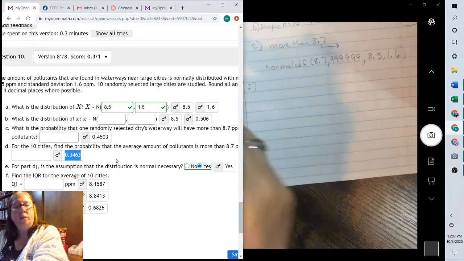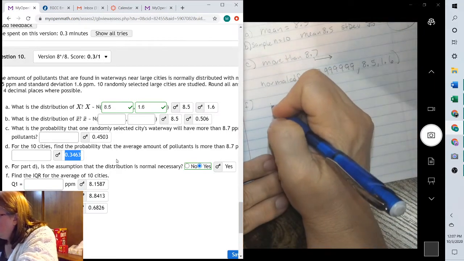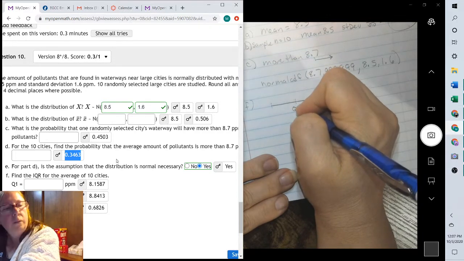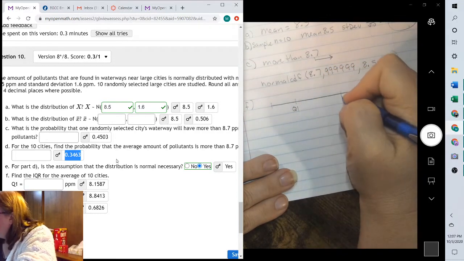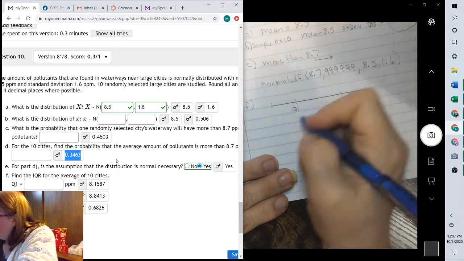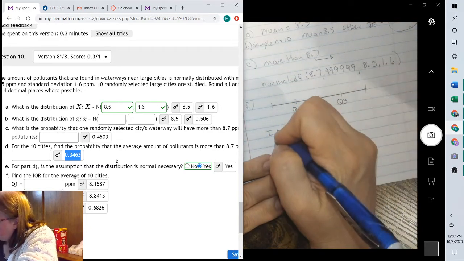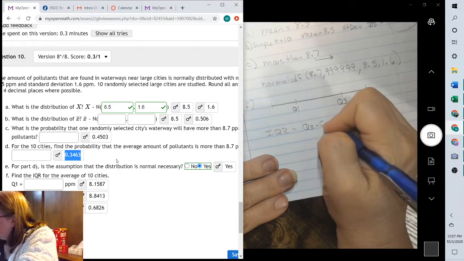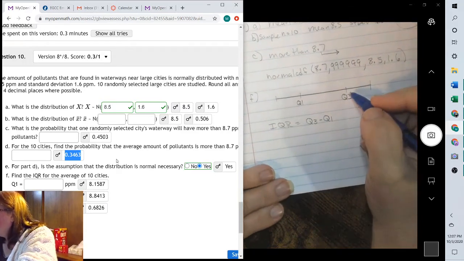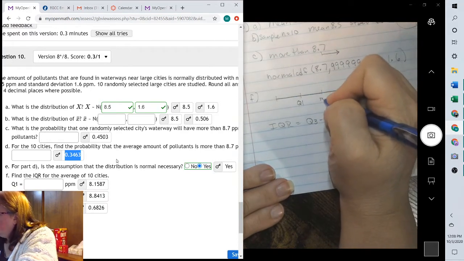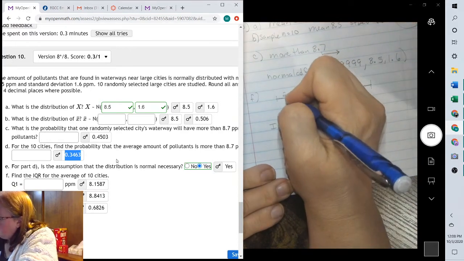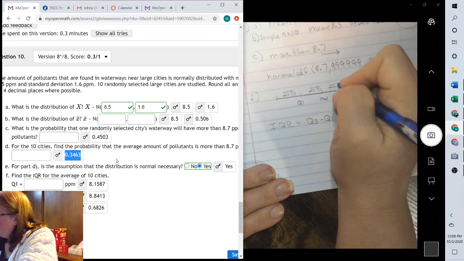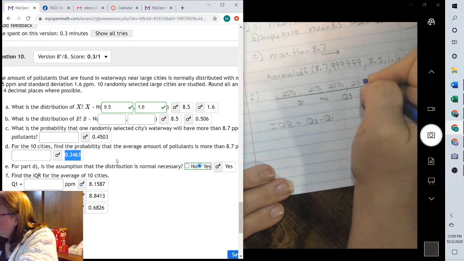For F, it wants the quartile. Now you have to remember when you do your quartiles, this is Q1, and this is Q3. And then when you find these two, IQR is just subtracting them. And the median is in the middle, it breaks these into 25%, 25, 25, and 25.